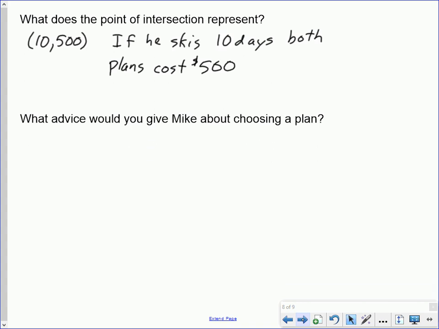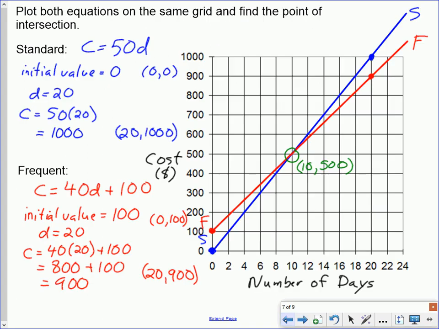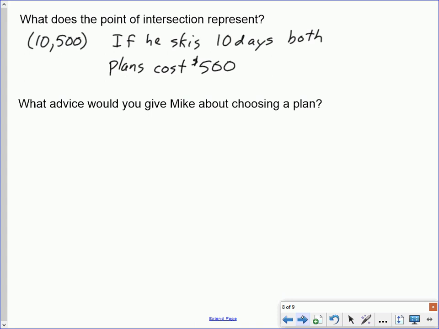What advice would you give Mike about choosing a plan? Well, let's see. He wants to choose the cheaper plan. So the standard plan, the blue line, is cheaper when he skis less than 10 days. The frequent plan is cheaper if he skis more than 10 days, because it's the lower line. So we want to say something like that.